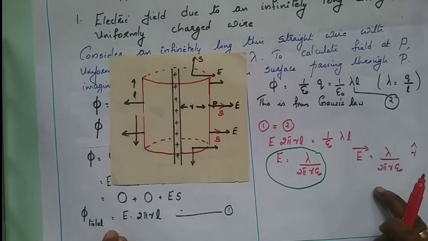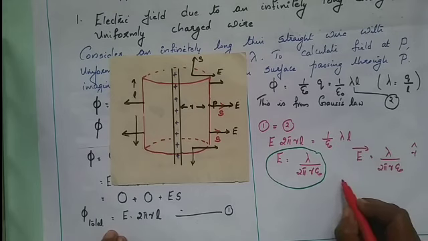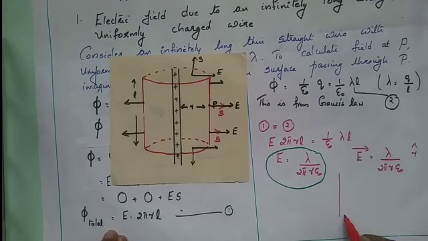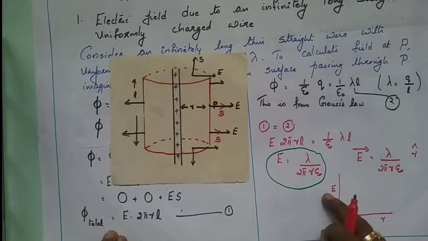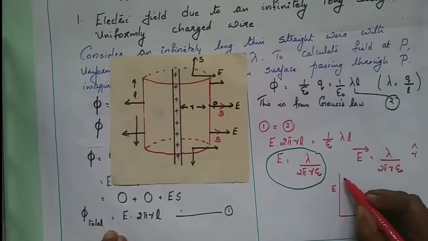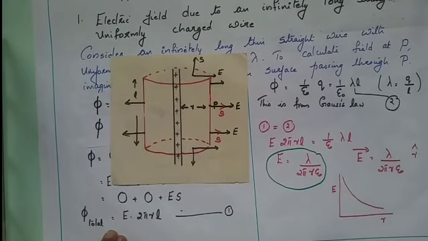Therefore, if a graph is plotted with r along the x-axis and electric field along the y-axis, r is the independent quantity, so it is plotted along the x-axis, and the electric field is dependent, so it is plotted along the y-axis. As r increases, the electric field decreases, so the shape of the graph is inversely proportional. This is the graph relating electric field and distance r.